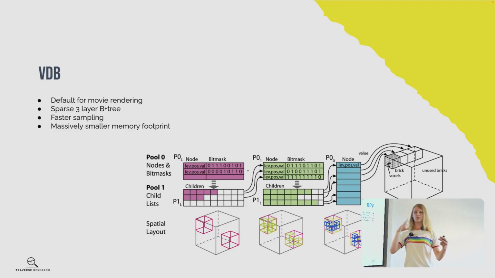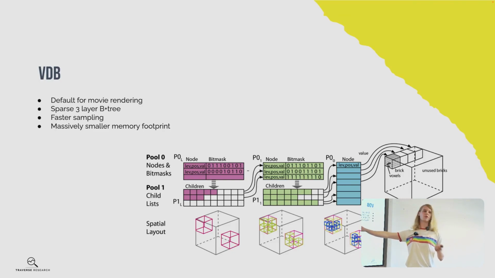If there's a 1, it means you could traverse down the tree to find the volume that you are looking for. And this structure makes sampling your volume way faster, because if you know that a certain part of your volume is empty, so there's a 0 in your bit mask, you can just continue to the next thing you want to check.